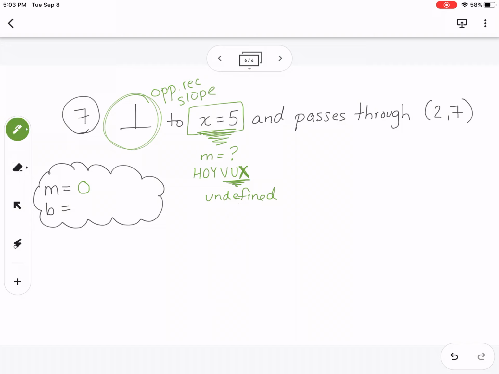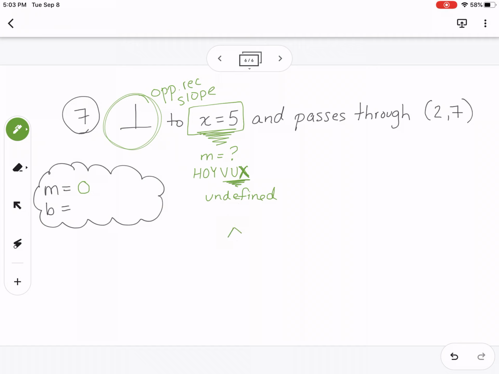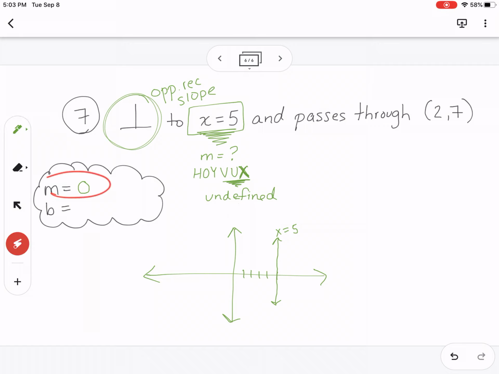Now, when it comes to HOY VUX problems and it's parallel and perpendicular, I just think, right? Instead of doing algebra work, I just think, right now I have a line of x equals 5 that I'm thinking about. That's a vertical line. My line is perpendicular to that. So if my line is perpendicular, we just said that it has a slope of 0.